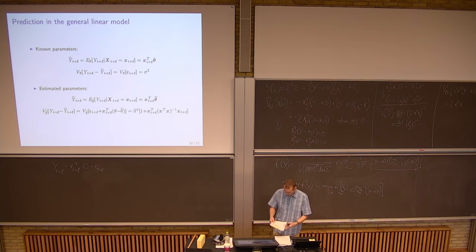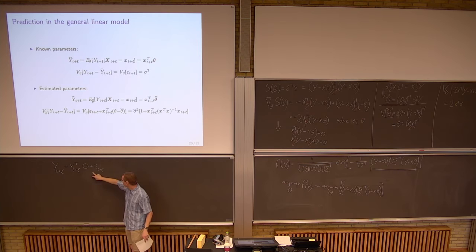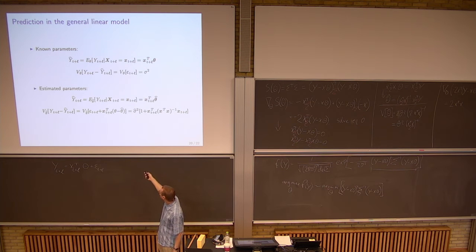Now, for the variance of the prediction error, you have the same contribution from the future epsilon, but you also have a contribution from theta hat not being the true theta. So what is this?